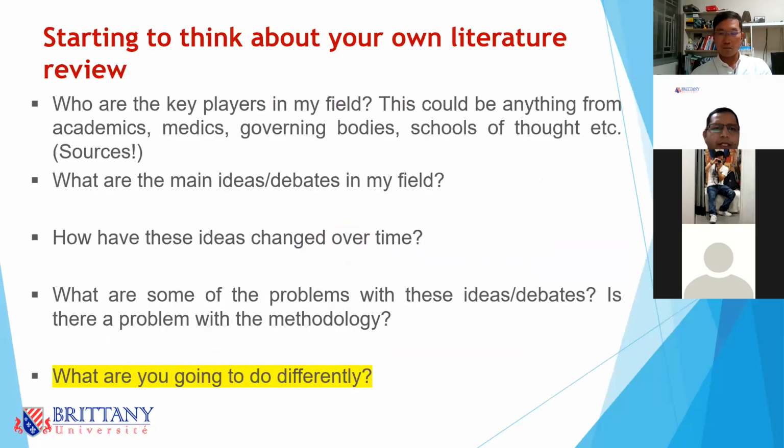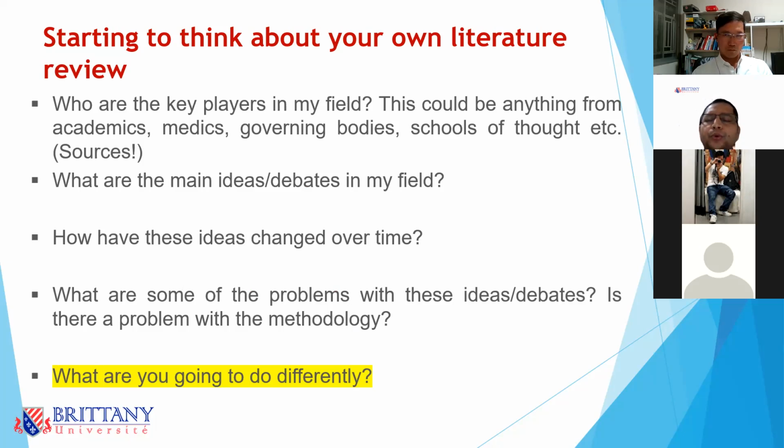All right, this one was already discussed. Now, starting to think about the literature, who are the key players in my field? If you want to write anything about service, it will come to Parasuraman. If you want to talk about technology adoption, it will come to Davis. Later, this theory was also further developed and modified by Venkatesh.